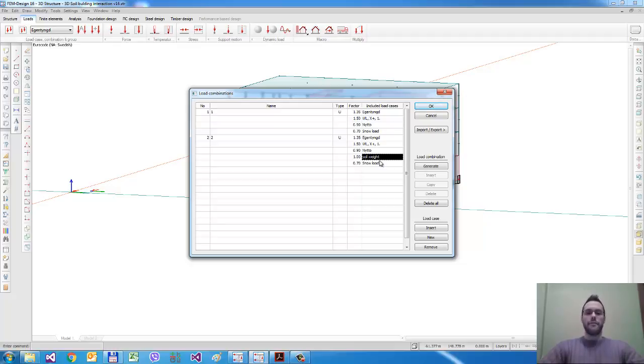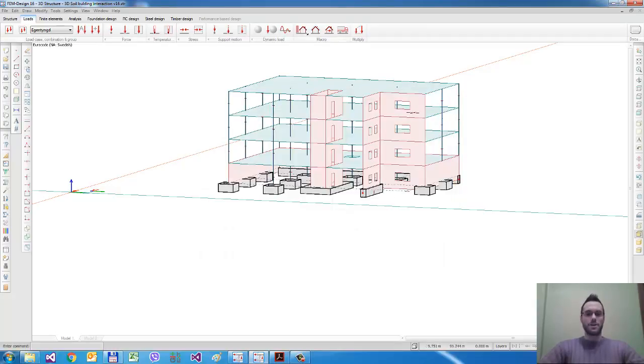But in the final results of this second load combination, at the end of the calculation FEM-Design automatically subtracts and neglects the settlement from the soil self-weight. So the final results will be according to the external load and the structural load, so the other load cases included in this load combination. This load case is involved just because we need to set the initial stress state of the soil before the other loads are considered during the calculation.